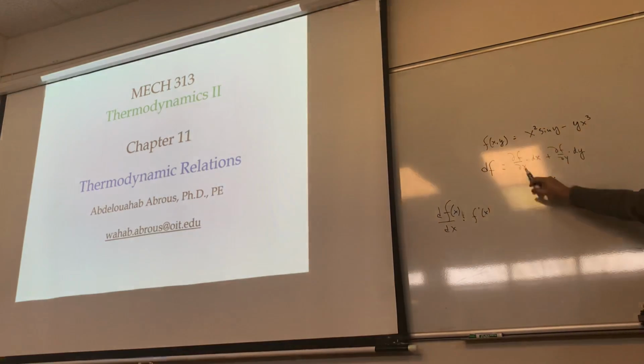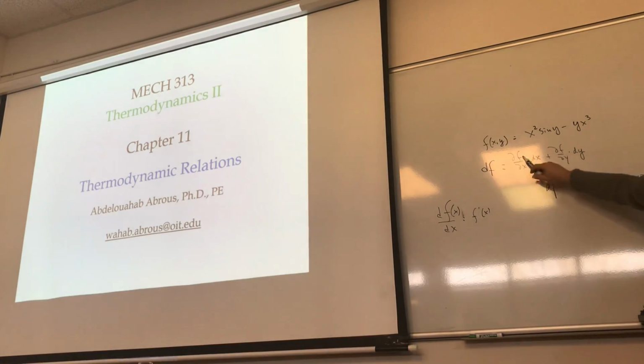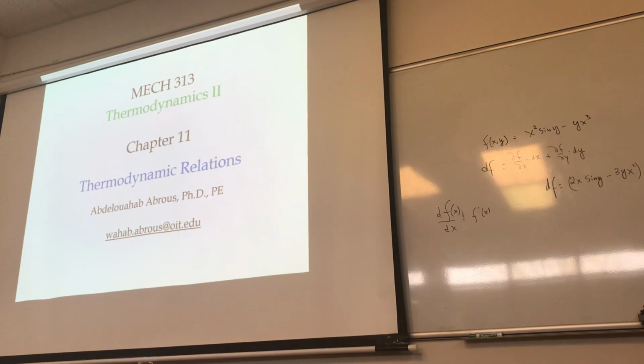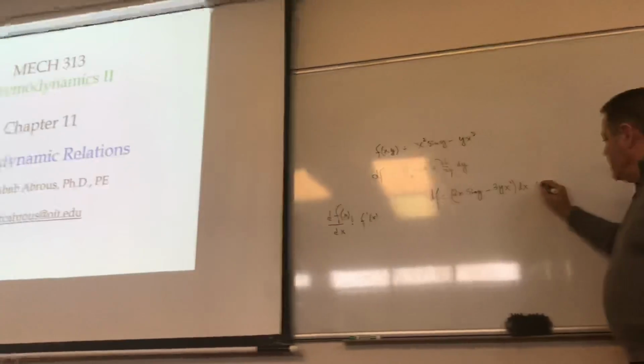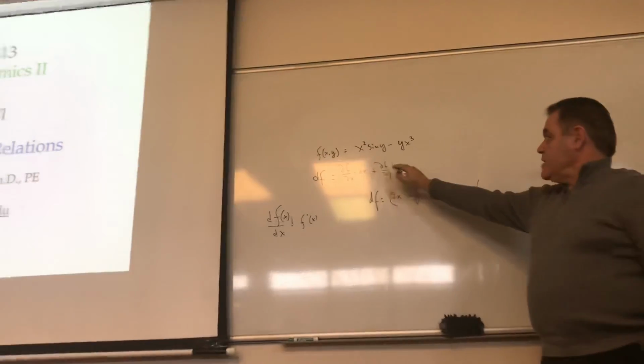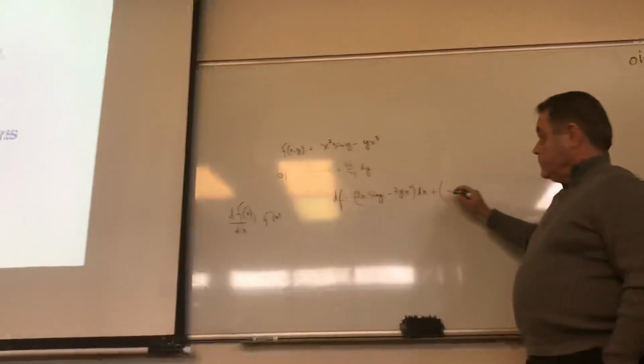So for example, df here would be what? It would be df over dx, which is 2x sine y minus 3y x squared times dx, right? Because I have to multiply by dx, plus, what is df over dy here?